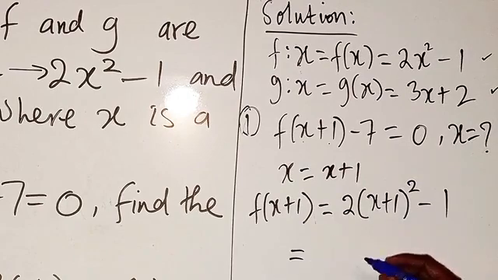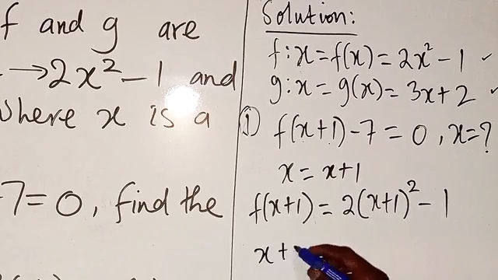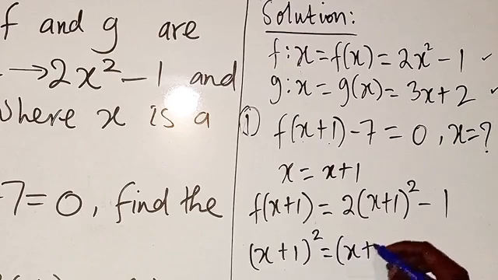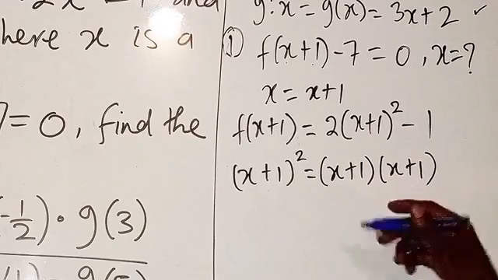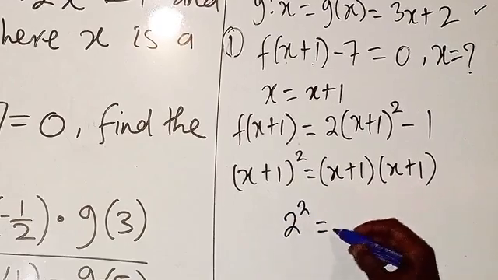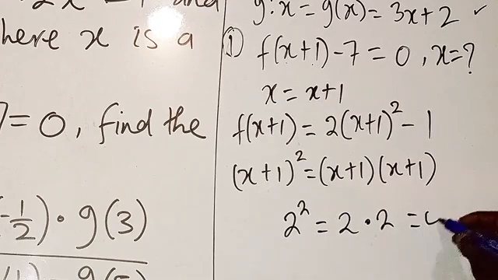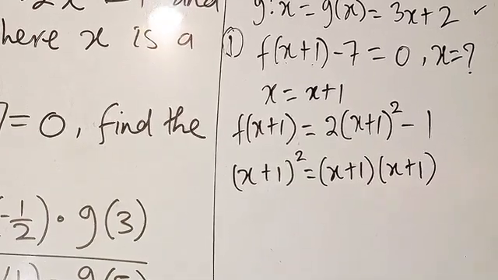Now I want to expand this x plus 1 all squared. It's like having 2 squared, which is 2 times 2, giving us 4. So x plus 1 all squared means x plus 1 times x plus 1.